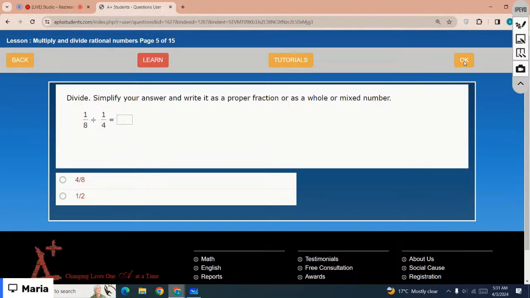1 over 8 divided by 1 over 4. So which is the correct option? Replace the division sign with multiplication.